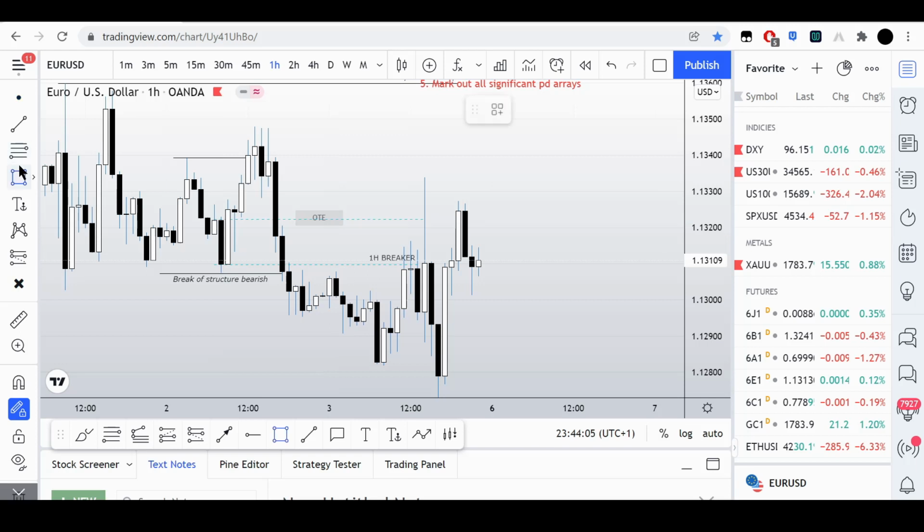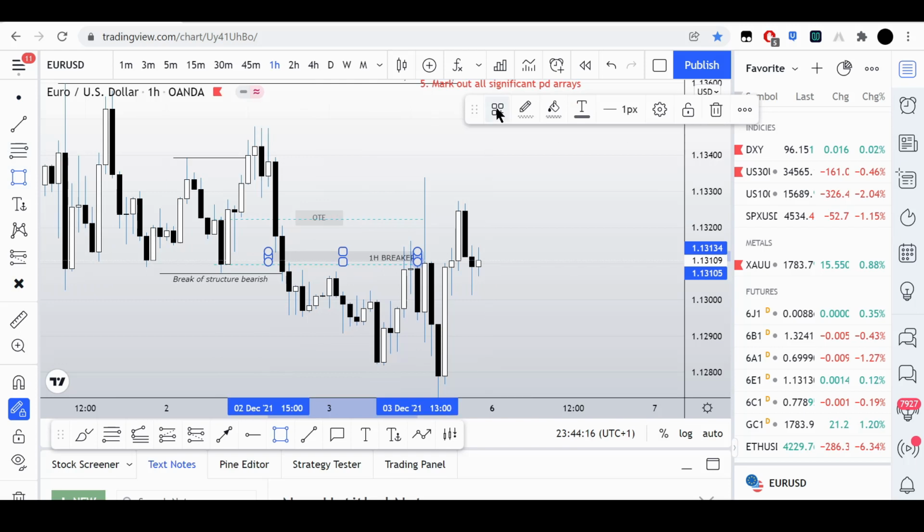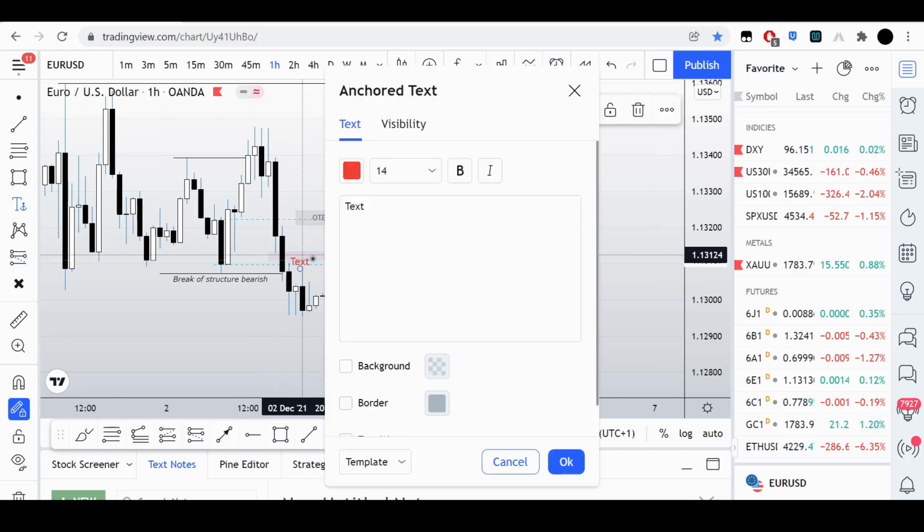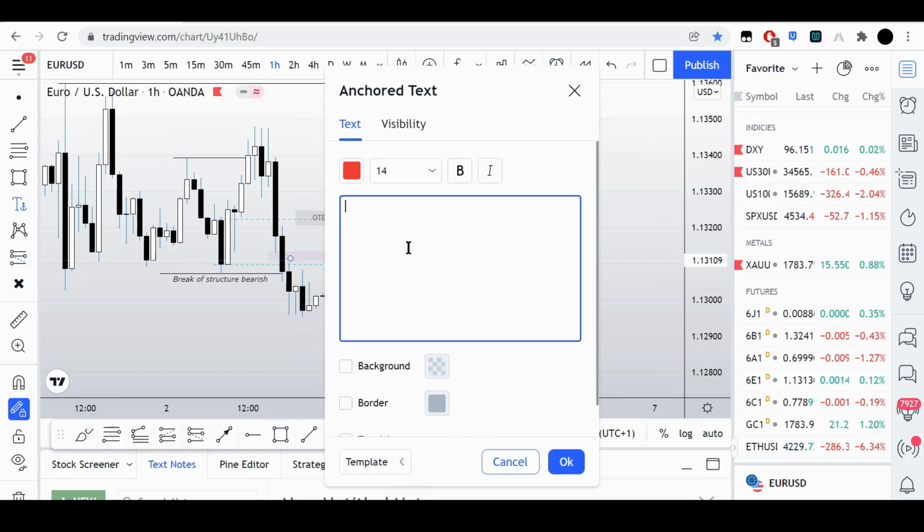Let's mark out our FVG. So you can see our FVG is right in here. Okay, we have an FVG in here. All right, so we're gonna go ahead and pull that out right there, and then pull out a text just so you guys can see that our FVG is this here. I thought I saved FVG on here.